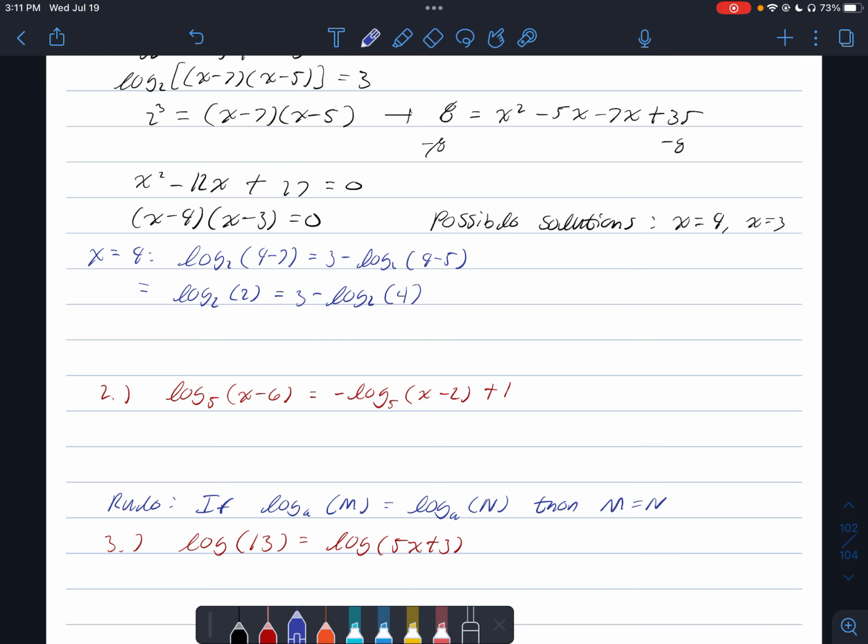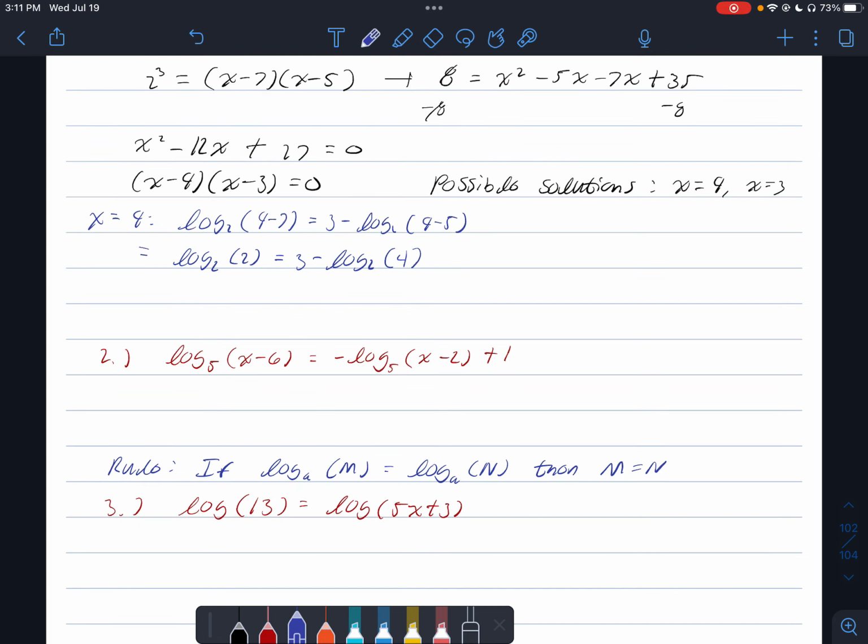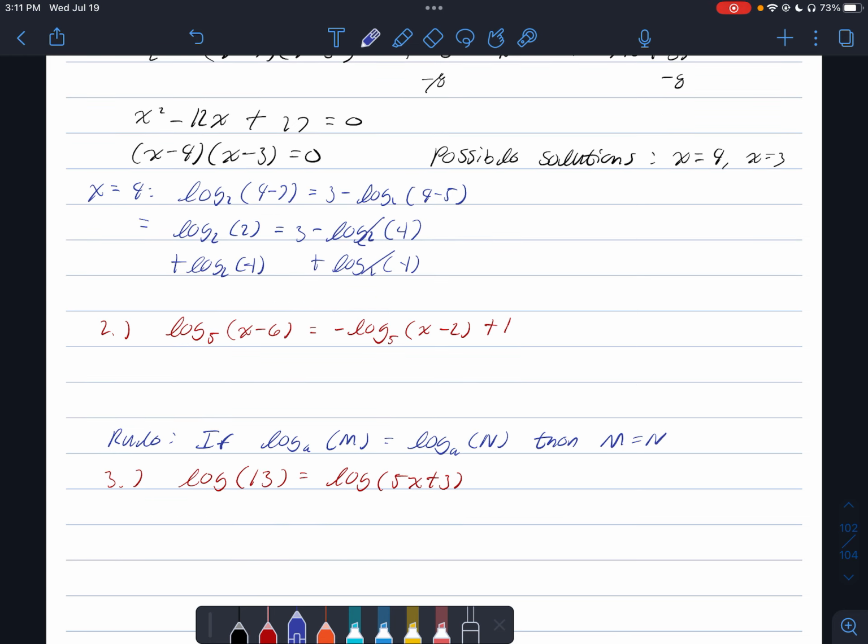4. Okay, but let's go ahead and add log base 2 of 4 to both sides. So we should get that log base 2 of 2 plus log base 2 of 4 is equal to 3.